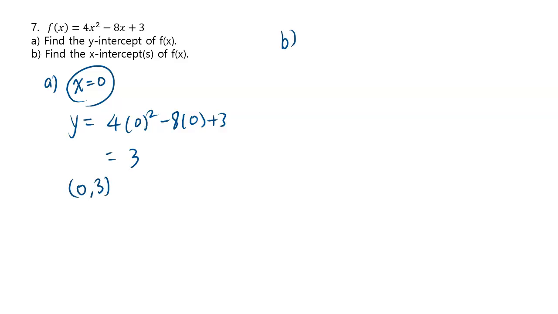On the other hand, to get the X-intercept, you set Y as 0. Remember, f(x) is your Y. So you set f(x) as 0, and you get 4x squared minus 8x plus 3 equals 0. Well, you could use factoring to find the roots here. It turns out that you can actually factor this.